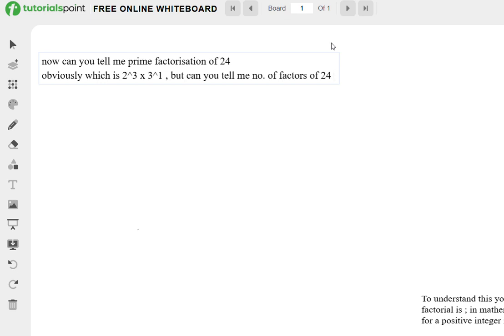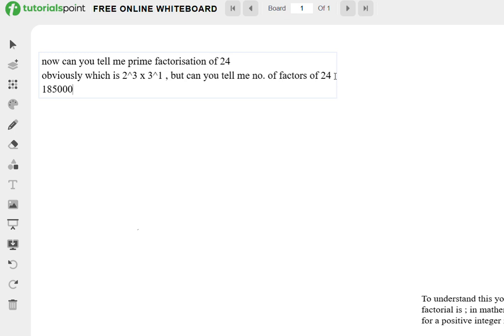Can you tell me the prime factorization of 24? Yes, you obviously can, but can you tell me the number of factors of 24? You can count it and you will get a solution of 8 factors of 24. But what if I give you a number like this?